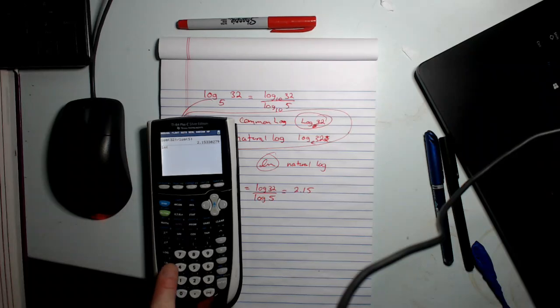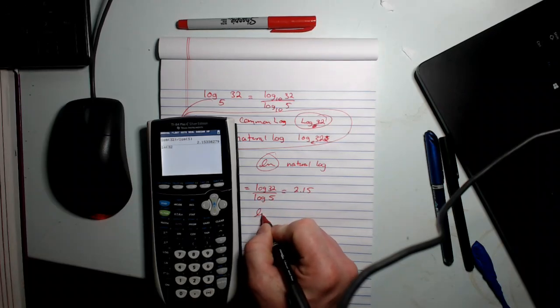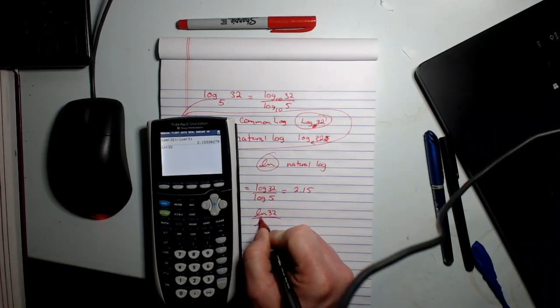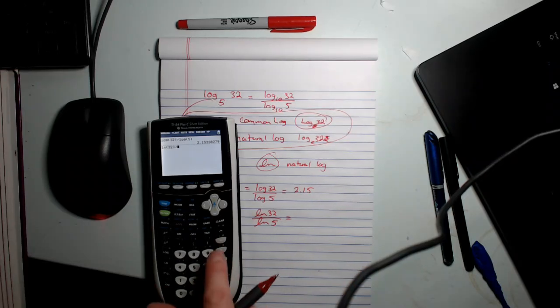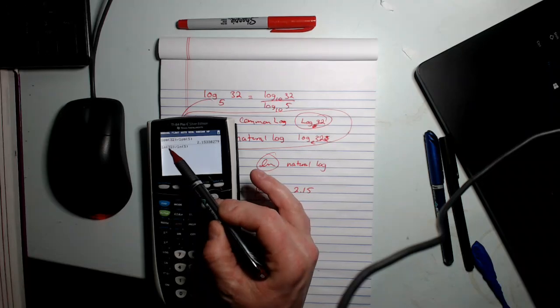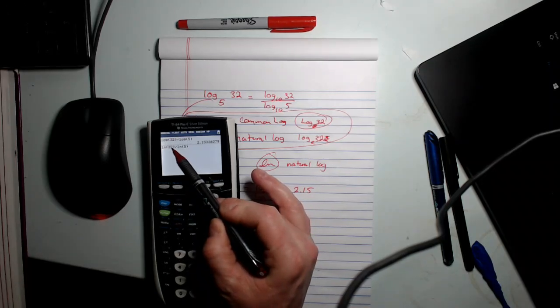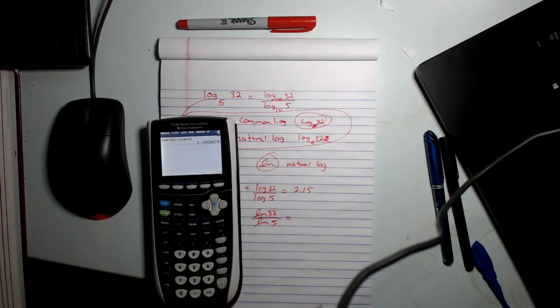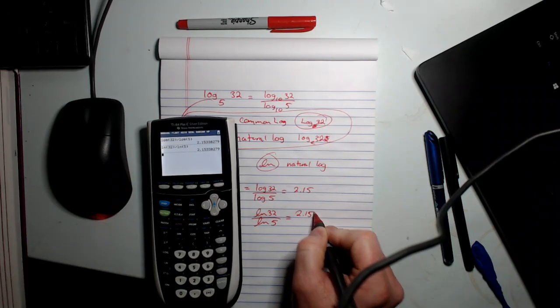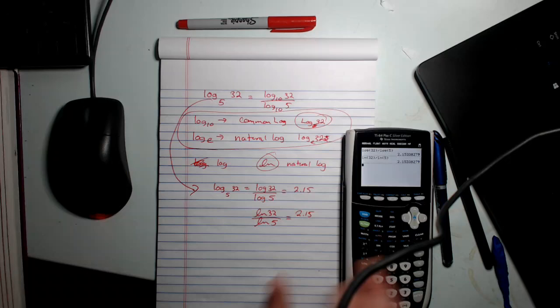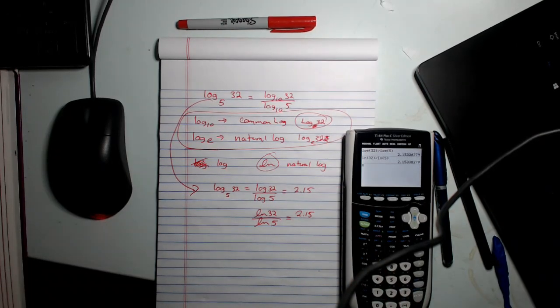If I use the natural log, which is this ln button down here, I can do the natural log of 32 divided by the natural log of 5. And you want to make sure you use a parenthesis right here after the first number, otherwise it gets wonky. You're going to get exactly the same number. And so that's how you can do logarithms of any numbers.